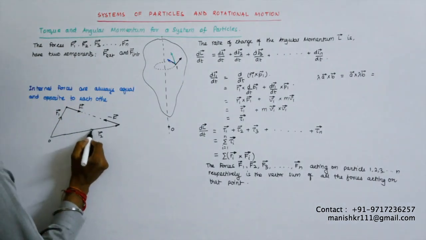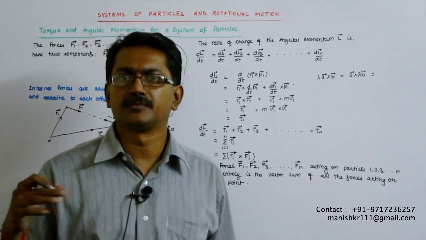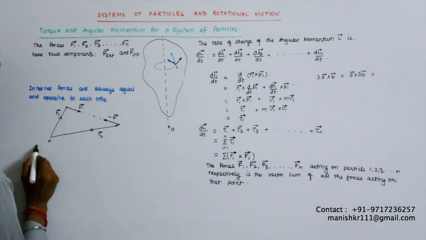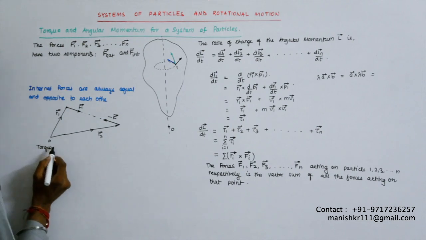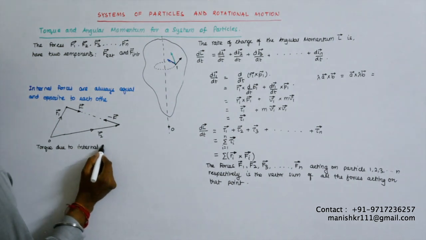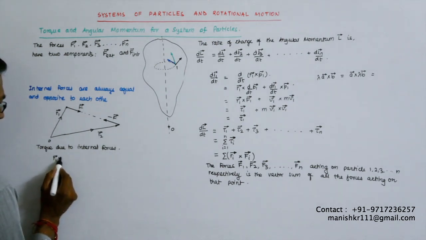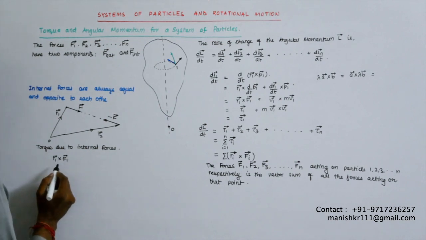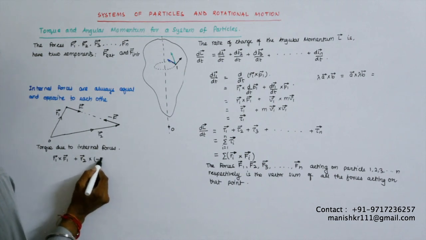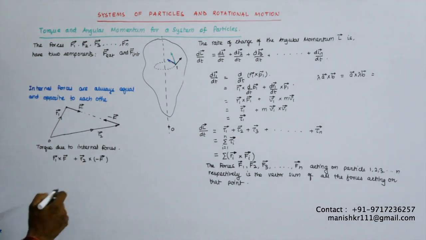Now let us try to find the total torque on the system. The system consists of two particles. So what is the torque? The torque due to internal forces is R1 cross F1, plus R2 cross minus F, not F1, minus F. Now what does that give me?